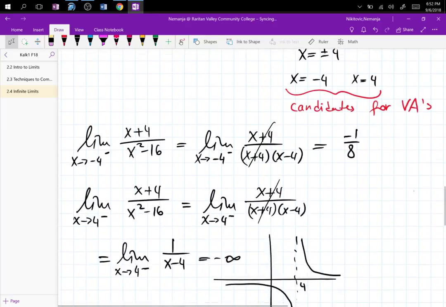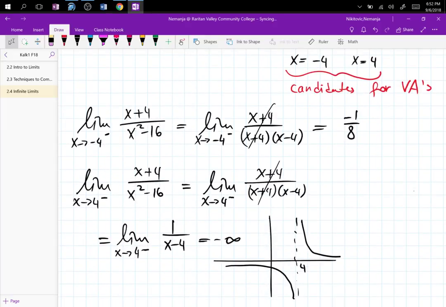When you apply the definition to your function and to your candidates, the numbers that you get when you set the denominator equal to 0, or infinities, will tell you, hey, it's a circle, or a point that's missing, or it's a vertical asymptote. So it's one or the other. Bueno? Good.